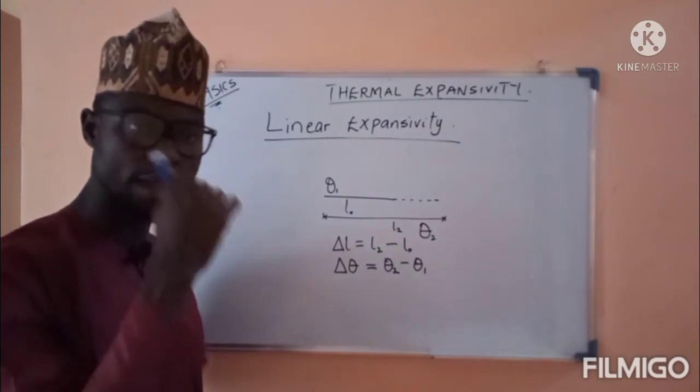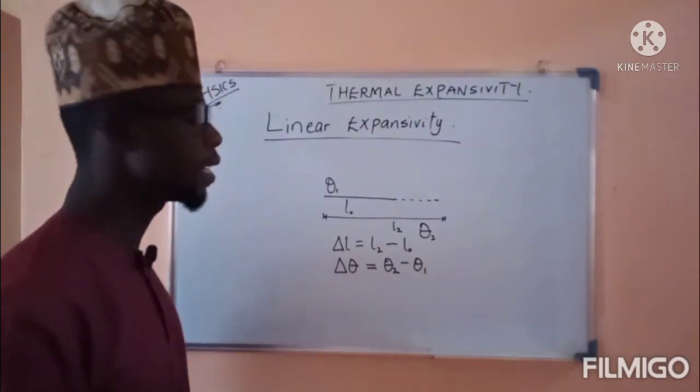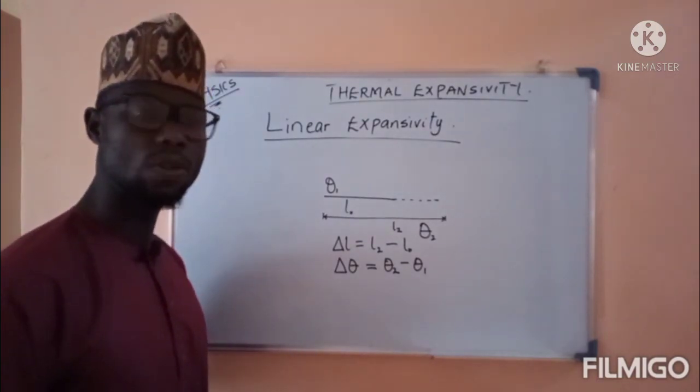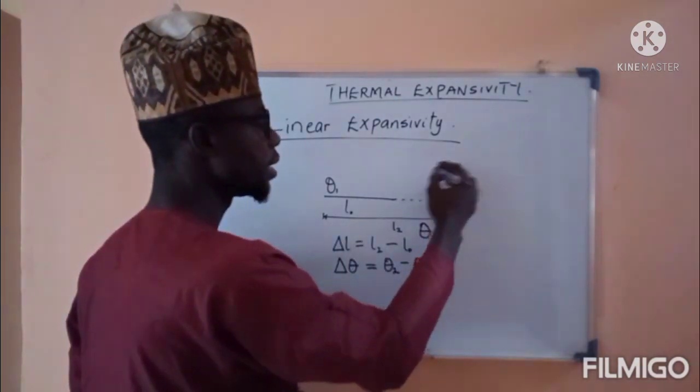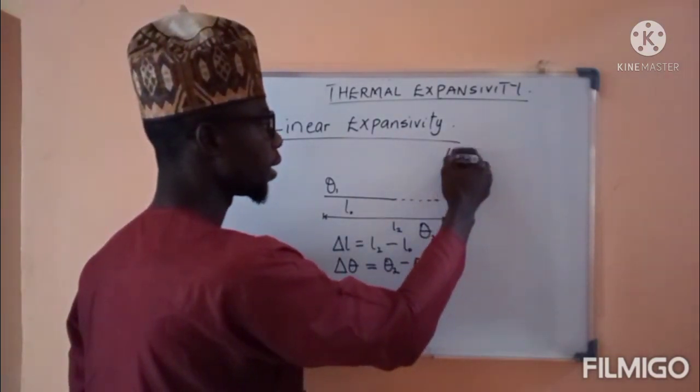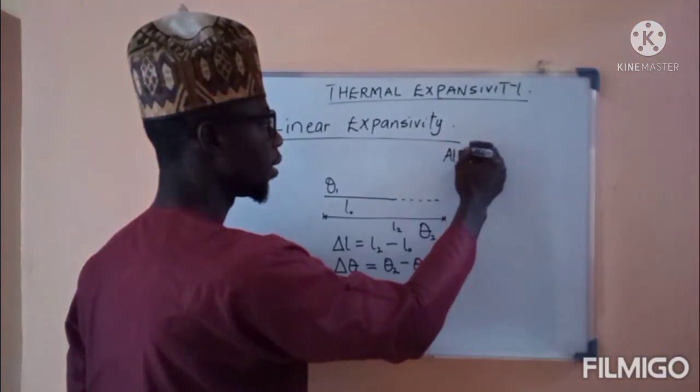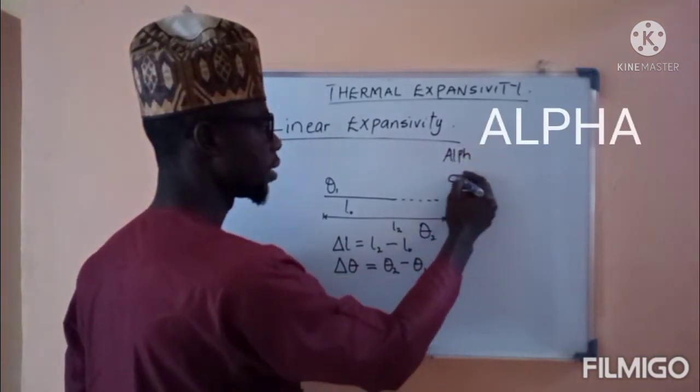Are we together? Now remember linear expansivity is represented with a symbol known as alpha. You can write it like this.